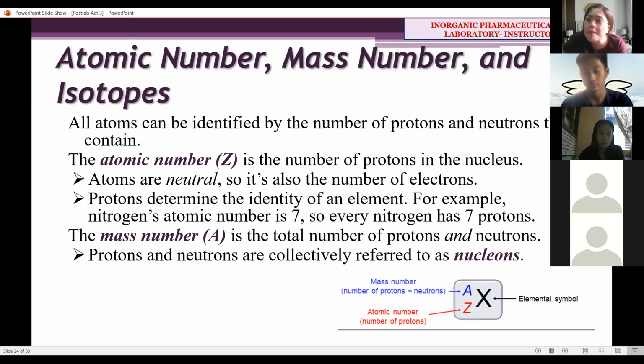The mass number, atomic mass or atomic weight, represents both protons and neutrons. Collectively, protons plus neutrons are called the nucleons. That is why they are found in the nucleus.